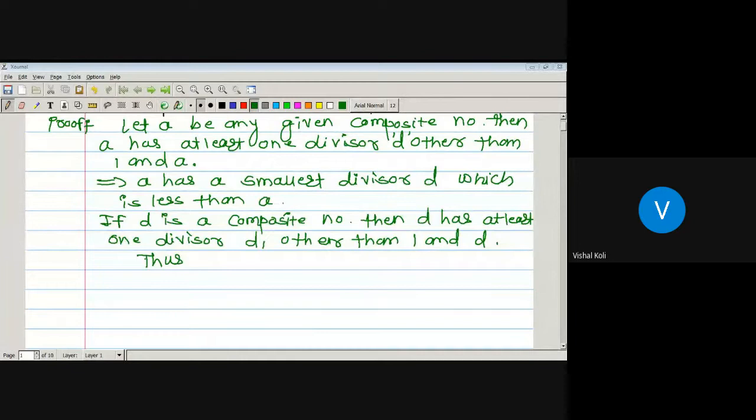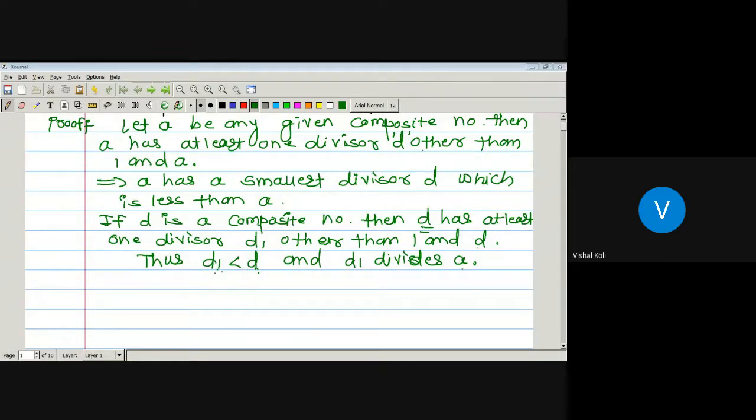Either d1 is greater than d or less than d. d1 must be less than d, since d1 is a divisor of d other than 1 and d. So d1 is strictly less than d, d1 divides d, and d divides a. It means d1 is also a divisor of a.